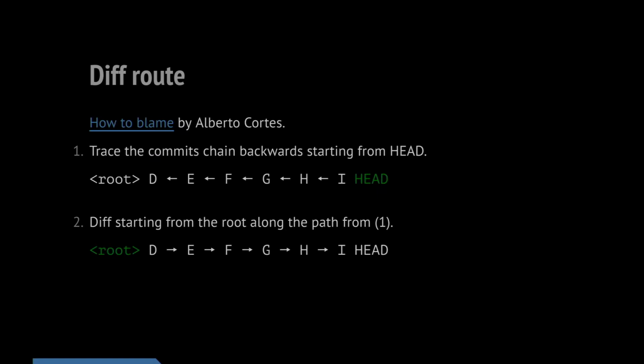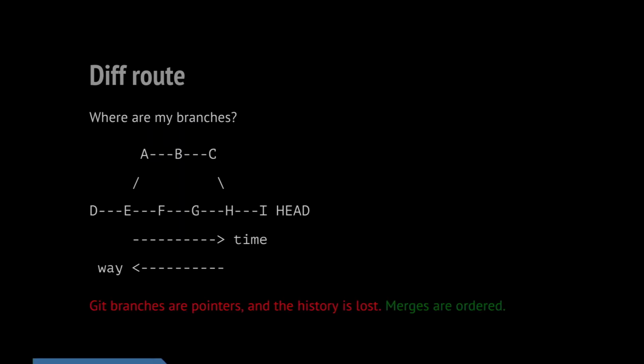I think it's 150 pages, so it's really considerable. So you start from the head, because initially you only have the reference to the head. You go back to the root, and after you do that, you remember this path, and you diff starting from the root backwards. Sounds easy, right?